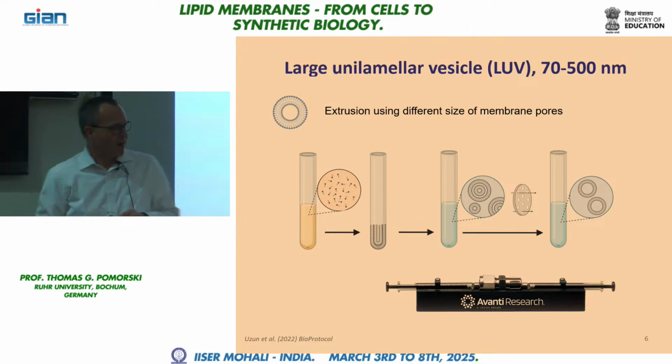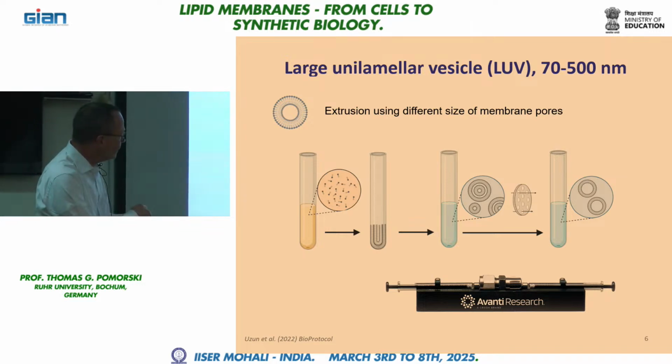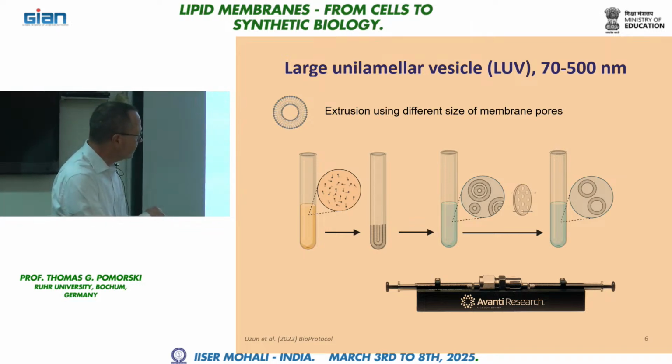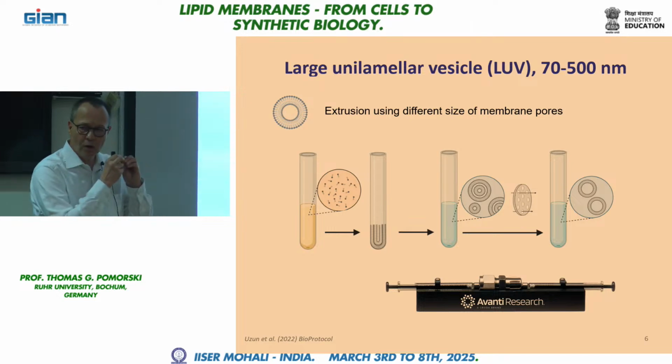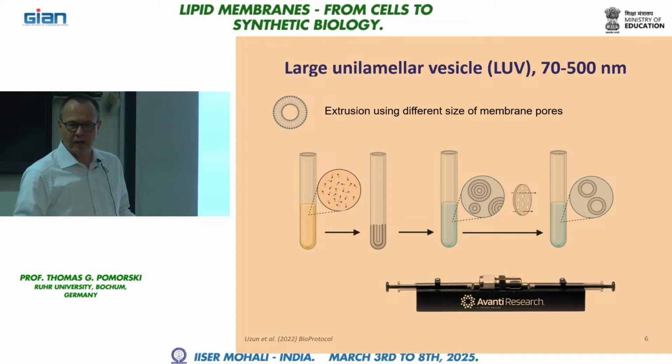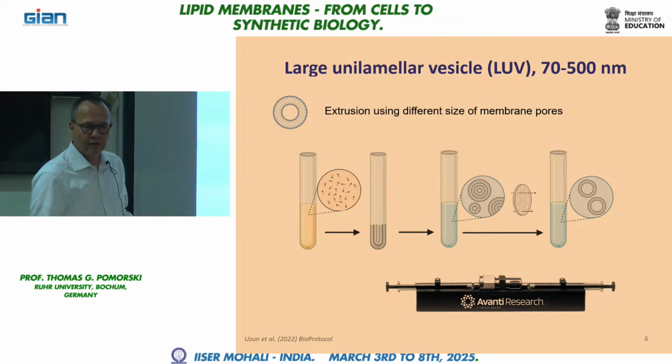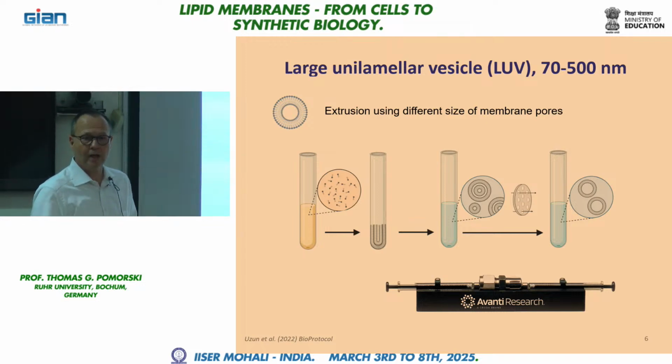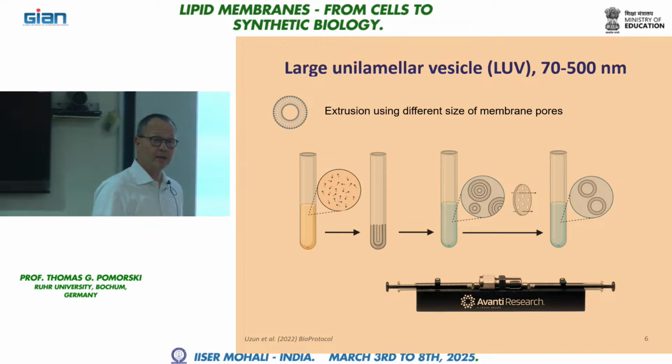And when you force these multilaminar vesicles through these very small pores, then a miracle happens. Suddenly, after this filtering, you get vesicles of around 100 to 200 nanometer size, unilaminar. That would be large unilaminar vesicles.